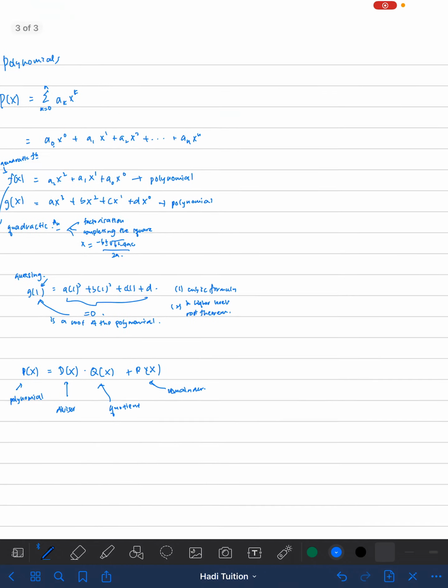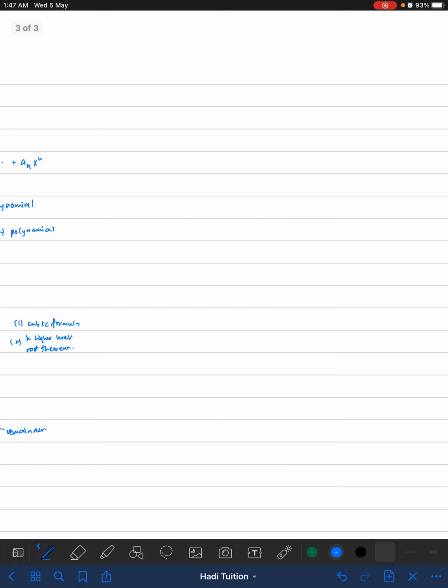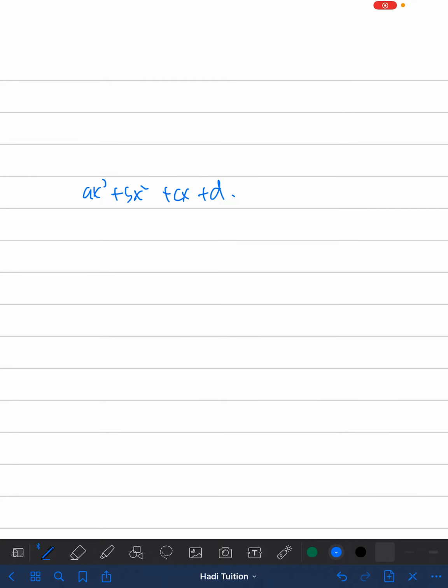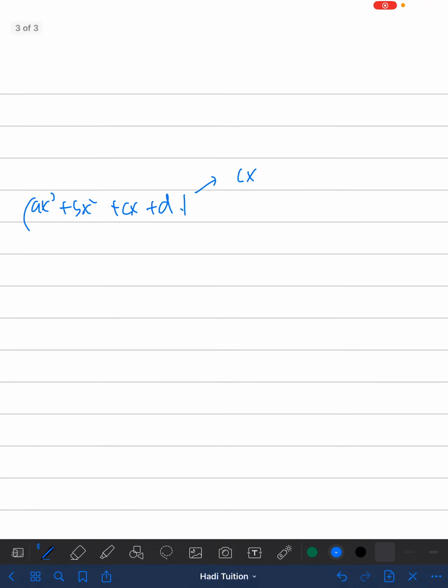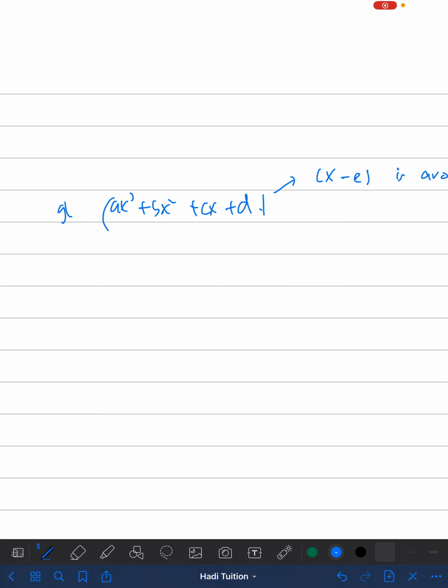How? Let's take a very long polynomial, ax^3 plus bx^2 plus cx plus d, a cubic function. One of the ways you can find a root is, let's say x minus e is a root of this function.